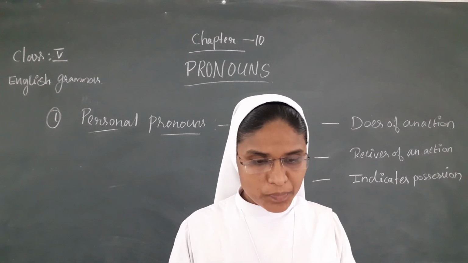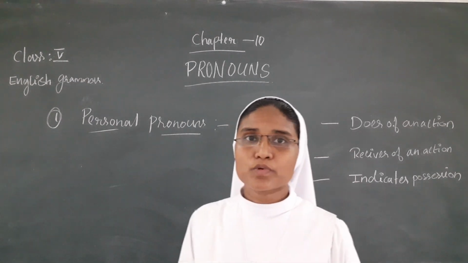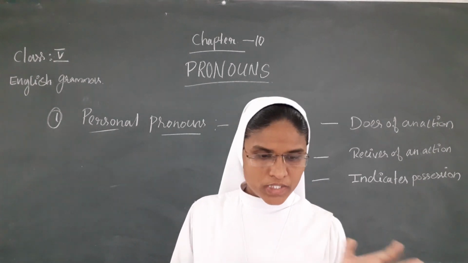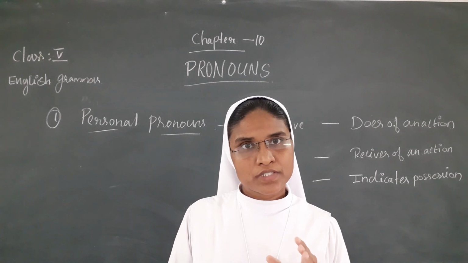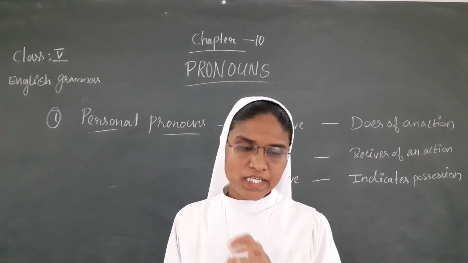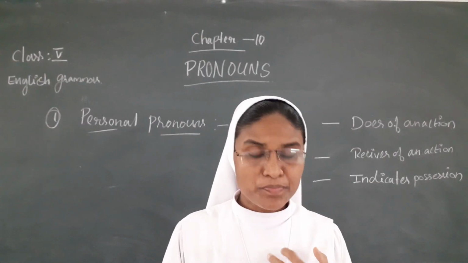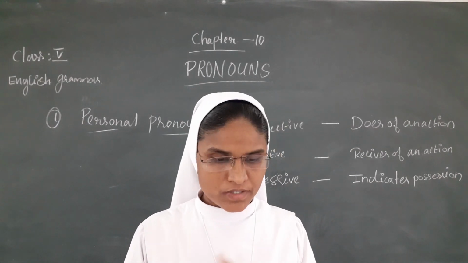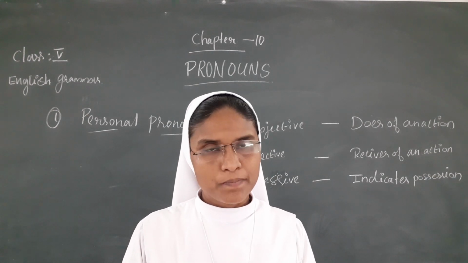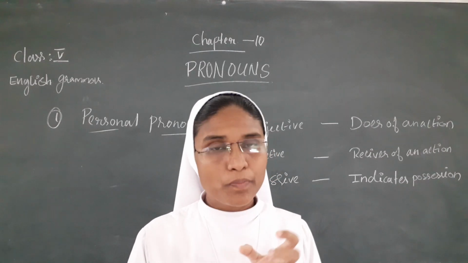So here subjective pronouns have singular and plural. I, we, you, he, she, it are singular; they is the plural. Then objective pronouns, singular and plural: me, us, you, her, him, it, them. These are the objective pronouns.